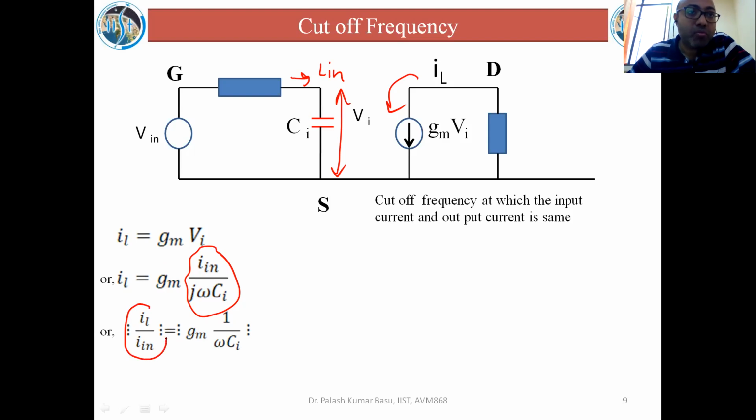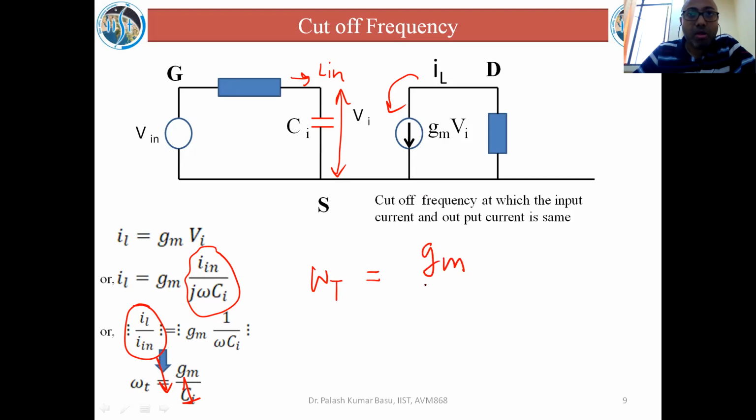And if you want to make it 1, you will get WT. Don't be surprised. See the same result. That means WT is the transit frequency, the same as the cutoff frequency also.